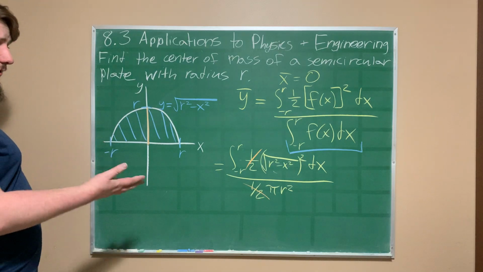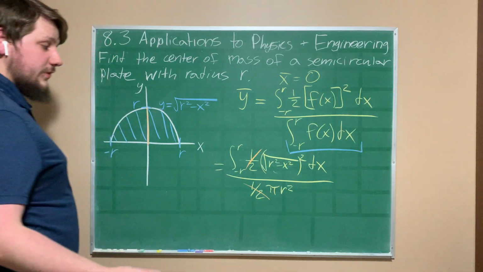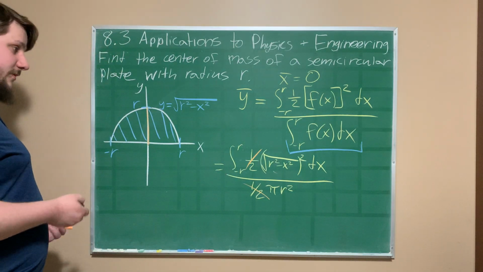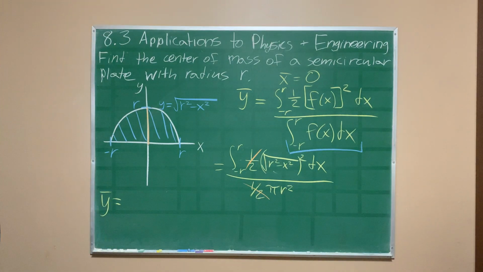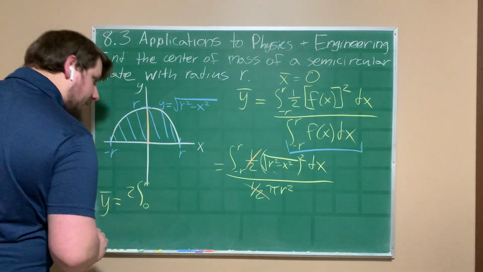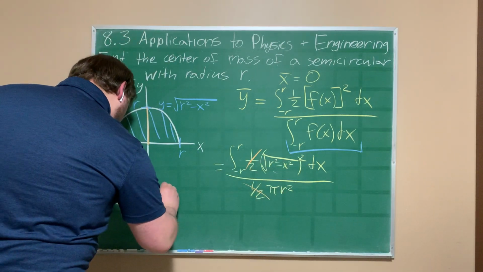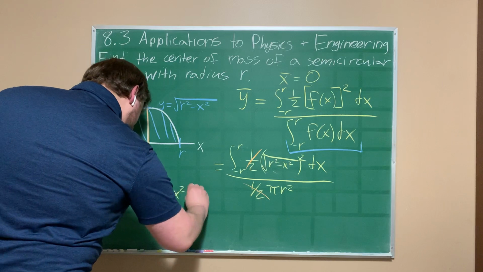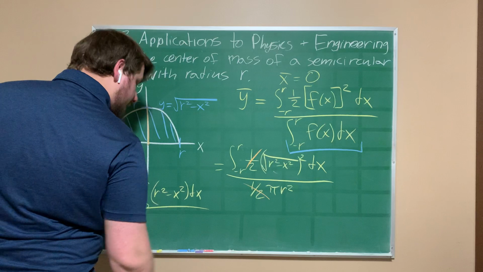So instead of actually calculating this directly, we can replace this with the integral from 0 to r if we would like, to make it a little bit simpler for us. So y bar here is now given by 2 times the integral from 0 to r of the square root and square canceling each other out, r squared minus x squared dx, divided by pi r squared in the denominator there.